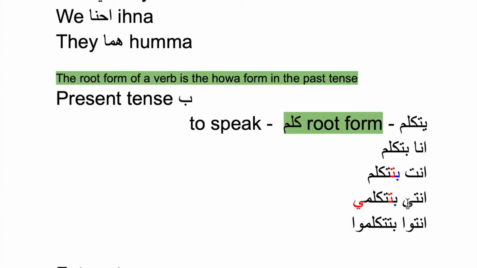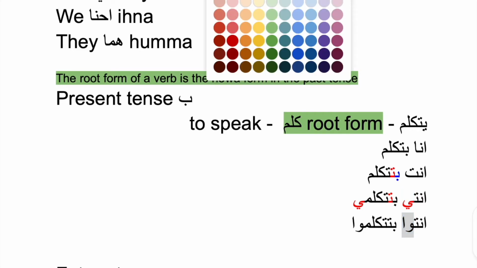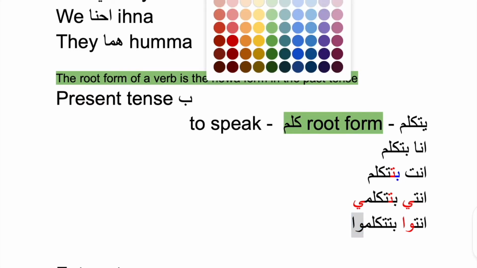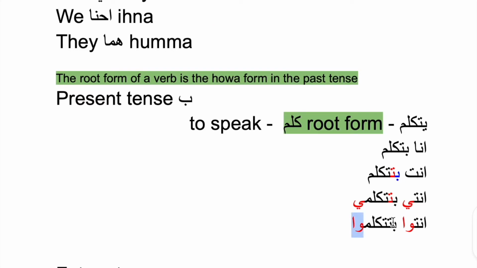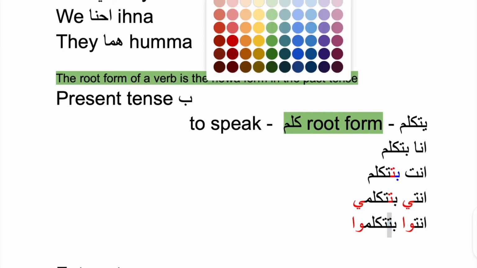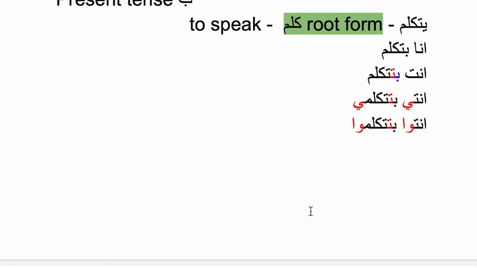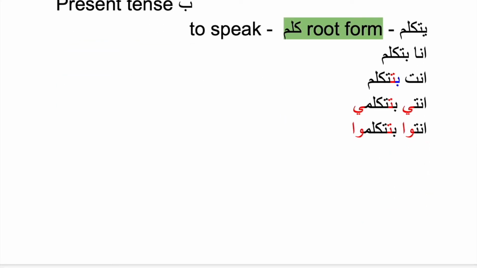Something that you might notice here is that we are adding the same endings that are with the personal pronoun. So انتوا بتتكلموا, انتي بتتكلمي. So that could maybe help you remember. But it's not for everything. So as we'll see, we're going to go to هو now.